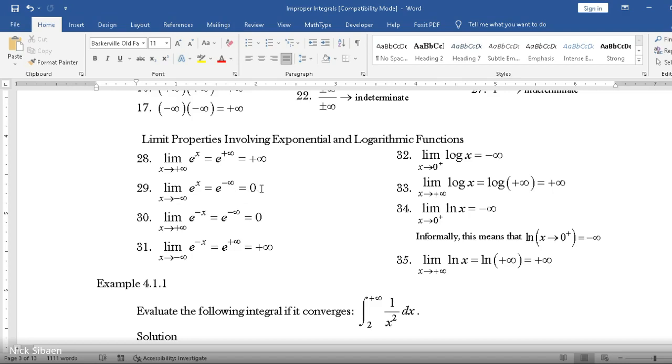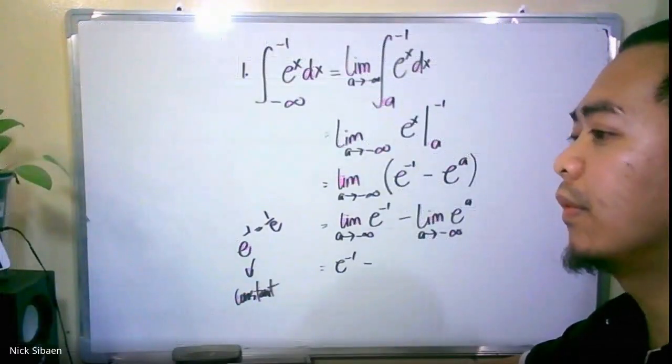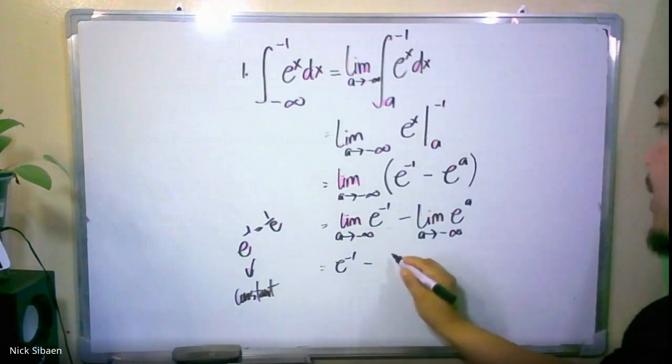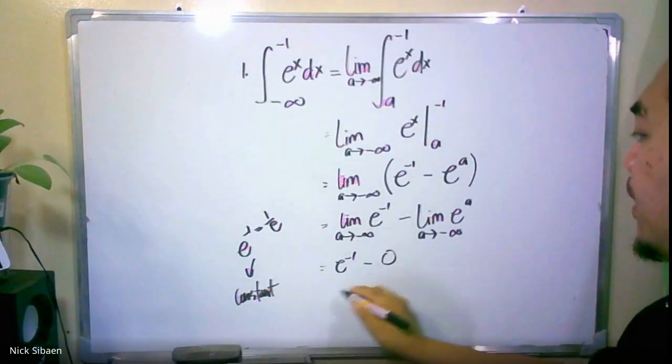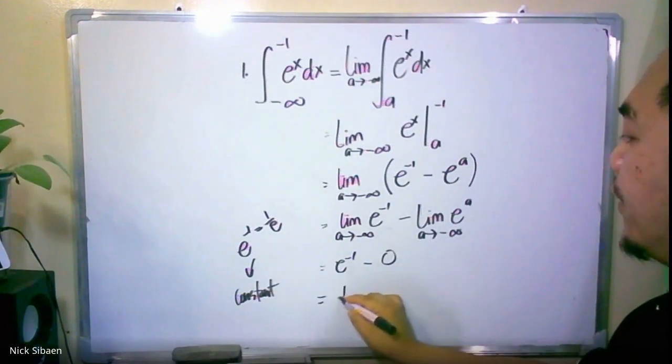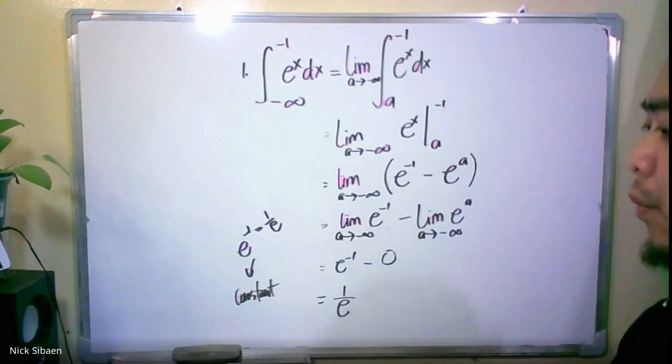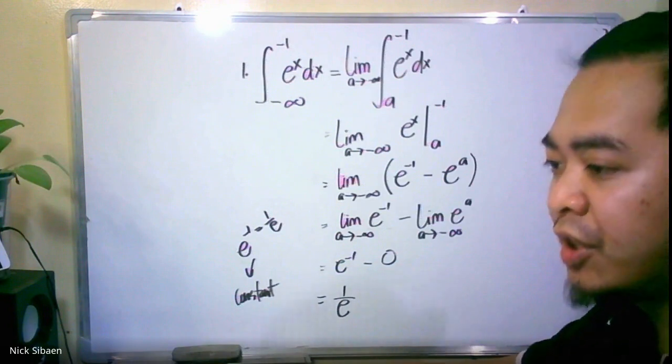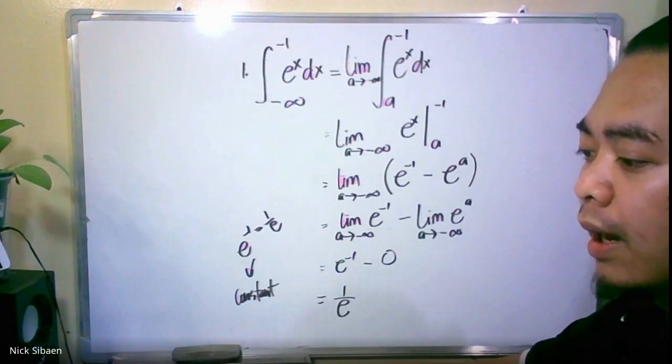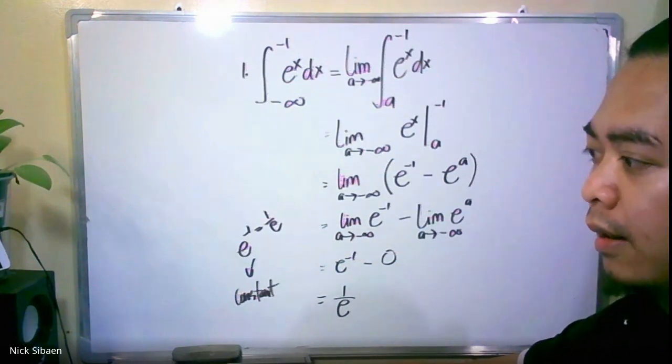So 0 yung sagot. Balikan natin yung sinusolve natin kanina at isulat natin yung 0. So the answer is e raised to negative 1 or just the same as 1 over e. So convergent yung ating unang improper integral.